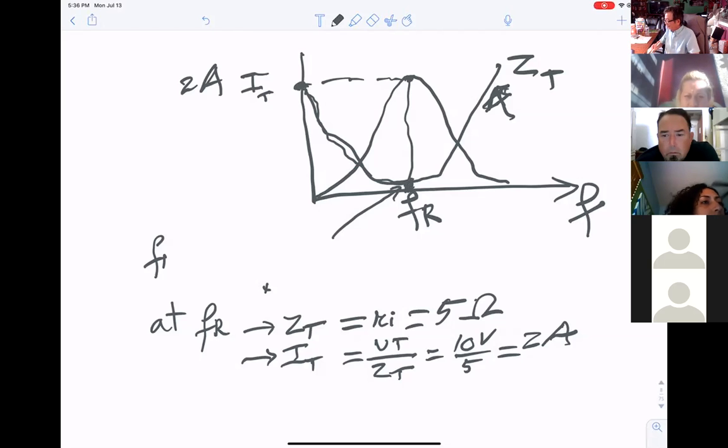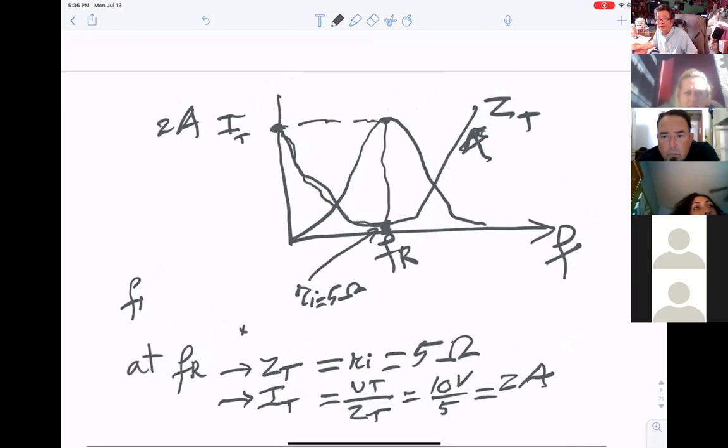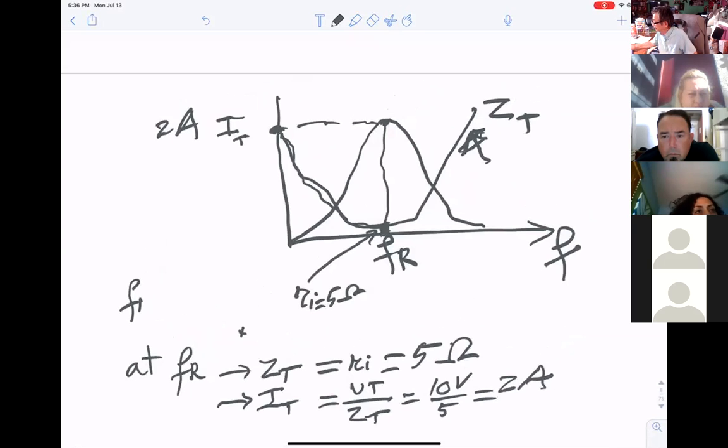I want to know what the value is. 5 ohm. Perfect. So that is only telling you that at the resonant frequency, the current will be maximum and the resistance will be minimum.